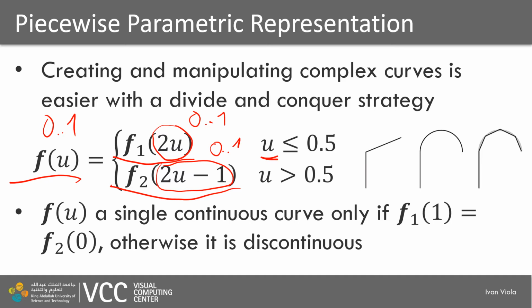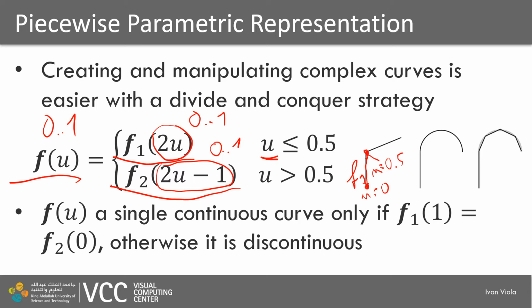And it is important that these two functions somehow meet, because there where one function ends, so let's say this is f1, and we are now drawing the function f1, and here this is the point u equals 0. Here we have the value u equals 0.5. This is f1.